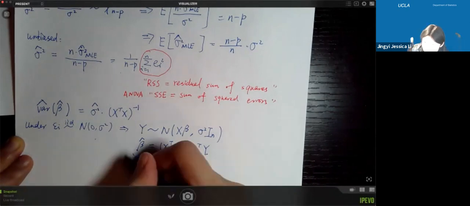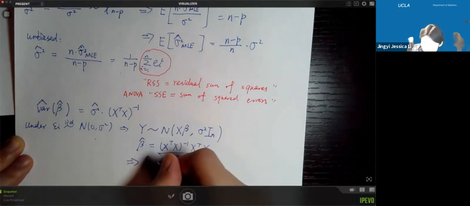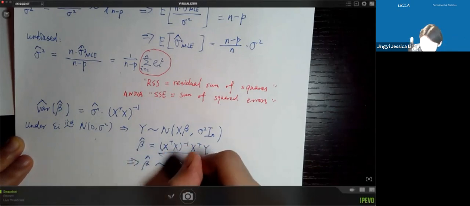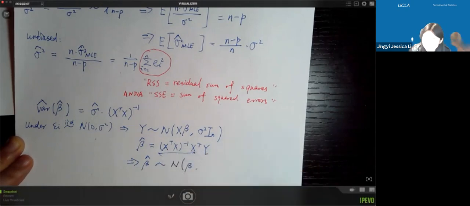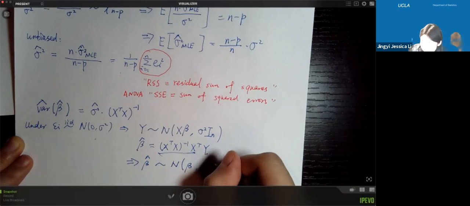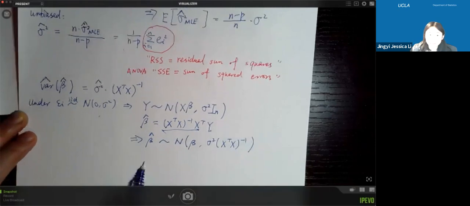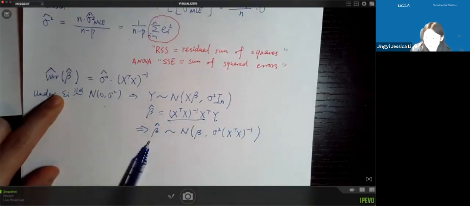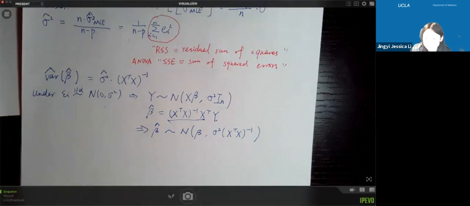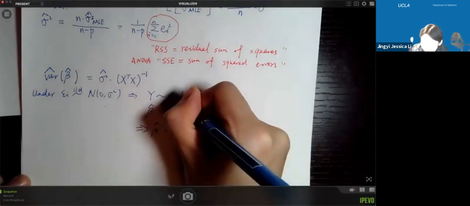I'm going to skip the derivation because I already did that. This will follow a normal distribution with mean beta and covariance matrix sigma square X transpose X inverse. So under this normality assumption, our beta hat will exactly follow a multivariate normal distribution. This is a p-dimensional normal, this is an n-dimensional normal.